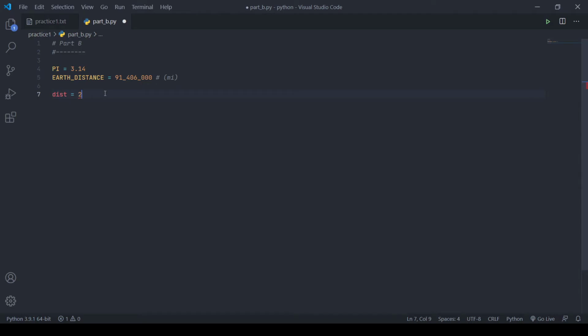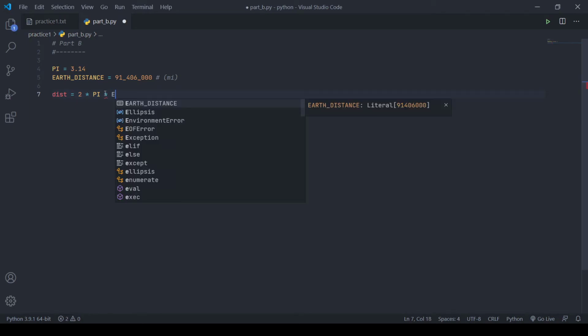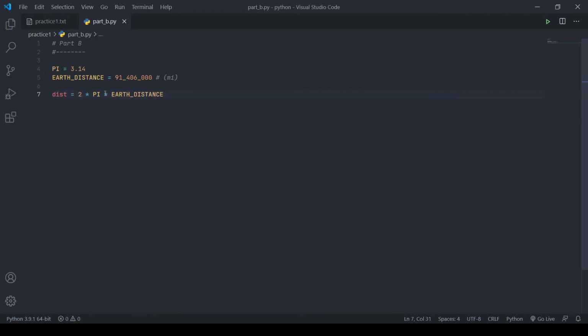So that'll be the radius, and the diameter is twice that. So we'll do 2, multiply that by pi, and then the radius too. Since this is just multiplication, it doesn't matter which order you do it. You don't have to force parentheses around any of this to calculate any of it first, because it's all going to get calculated the same by the end.